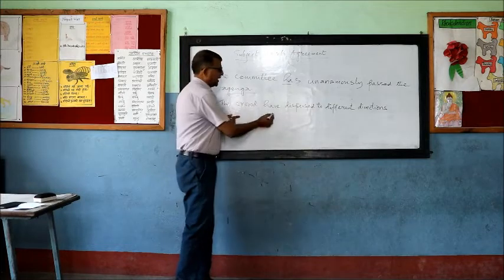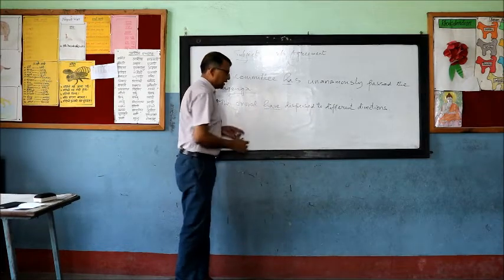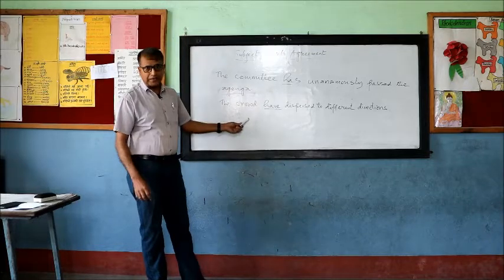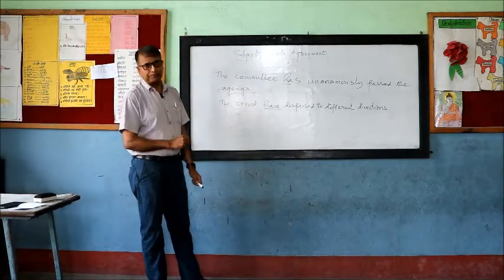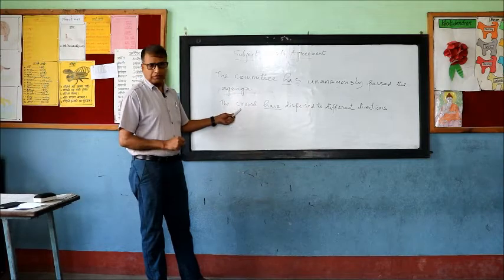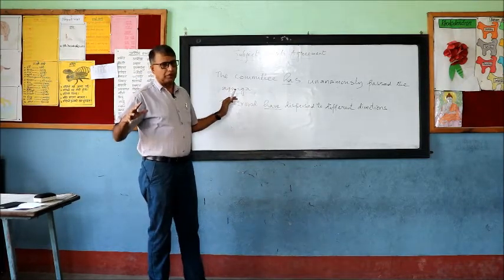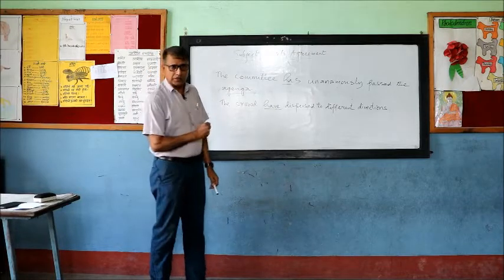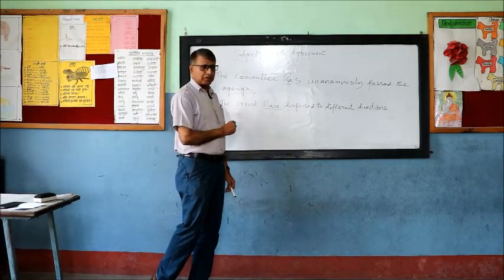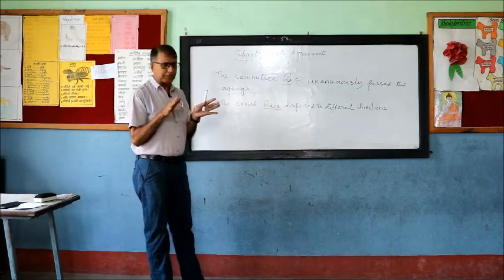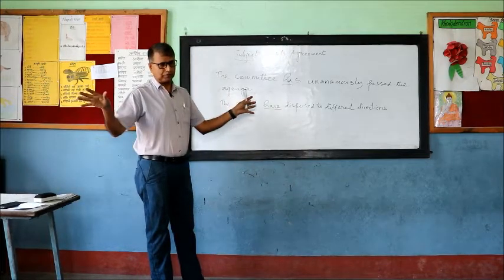The crowd have dispersed to different directions. The crowd is a collective noun. And here we can't take this crowd as a whole, because what is written in the sentence? The sentence tells that the crowd dispersed to different directions.